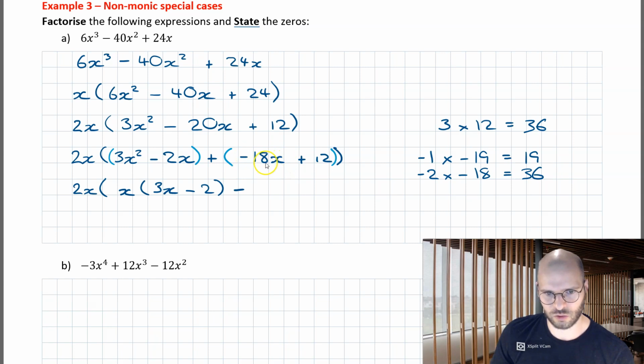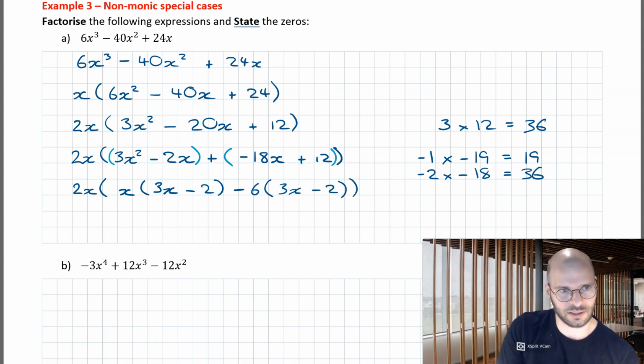We ask ourselves what happens if we divide 18 by 3, and we're going to find that we get a 6. So we're going to pull out a common factor of 6. This will leave us behind 3x. Notice it becomes positive, and if we take out negative 6 from 12, we're going to be left with minus 2. So there's our factorization.